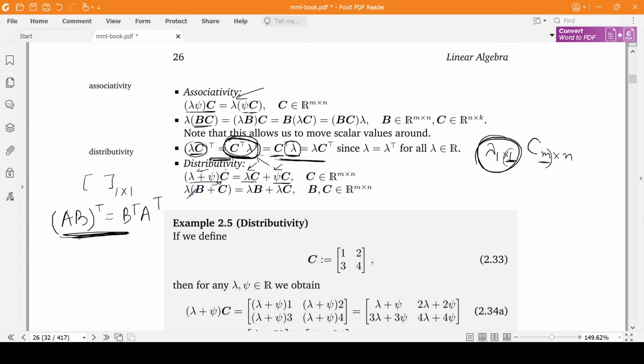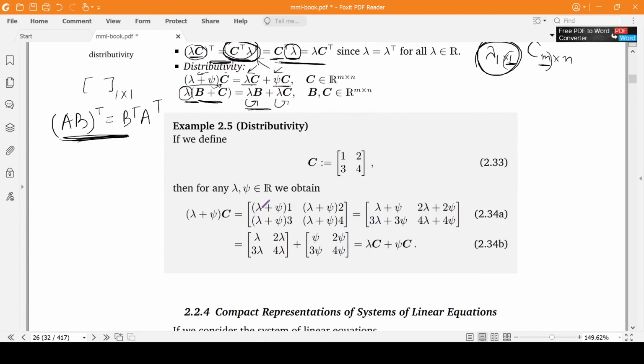Similarly, if we are adding two matrices and using a single real value to scalar multiply the sum, this is the same as multiplying that scalar with the individual matrices and then adding the corresponding values. So these are very obvious properties, and I hope this is pretty clear to you.